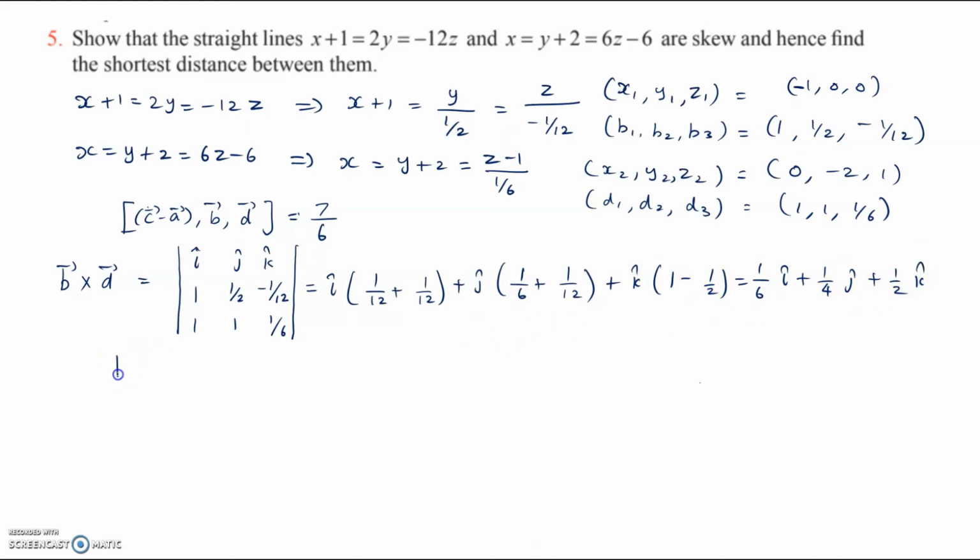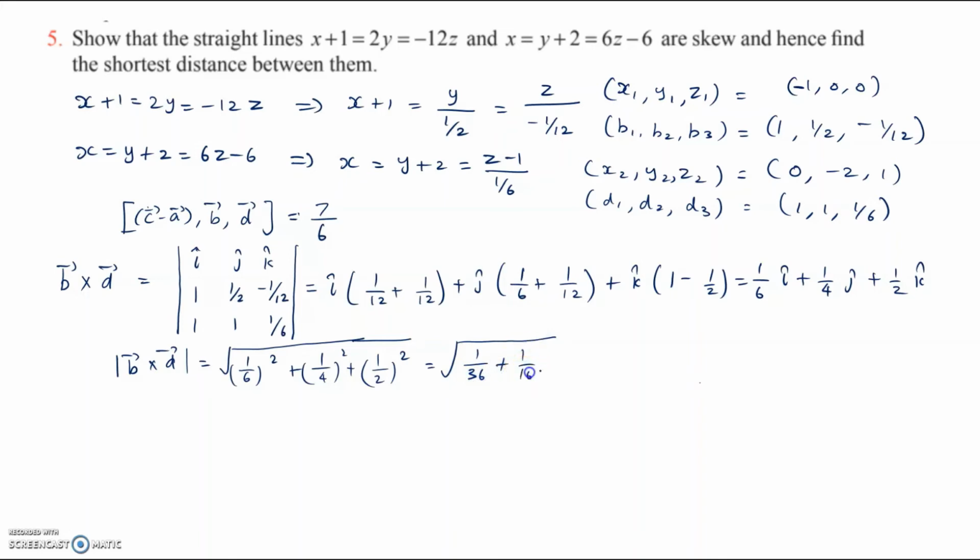Further, the magnitude of B vector cross product with D vector is equal to square root of 1 by 6 squared plus 1 by 4 squared plus 1 by 2 squared, which is equal to 1 by 36 plus 1 by 16 plus 1 by 4.